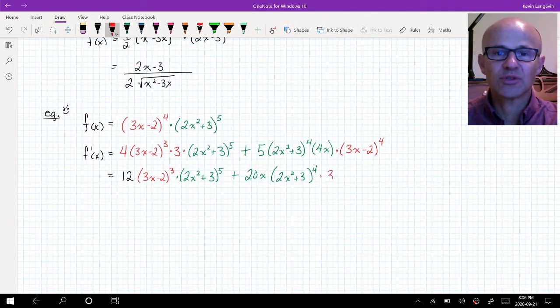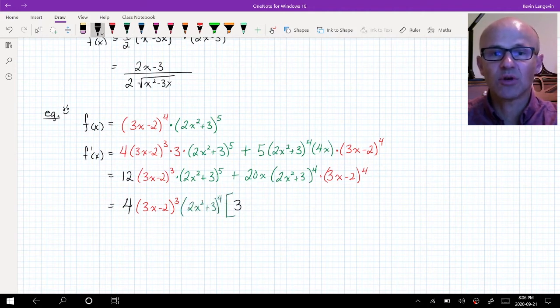Do the 4 times 3 is 12, the 5 times 4x is 20x, and then this is how I'd like to see it tidied up. I see a lot of common factors. The 3x minus 2 is occurring in both pieces. The 2x squared plus 3 is occurring in both pieces. So I take all of my common material out at the front, leaving me with my leftover pieces, which I've just written in now.